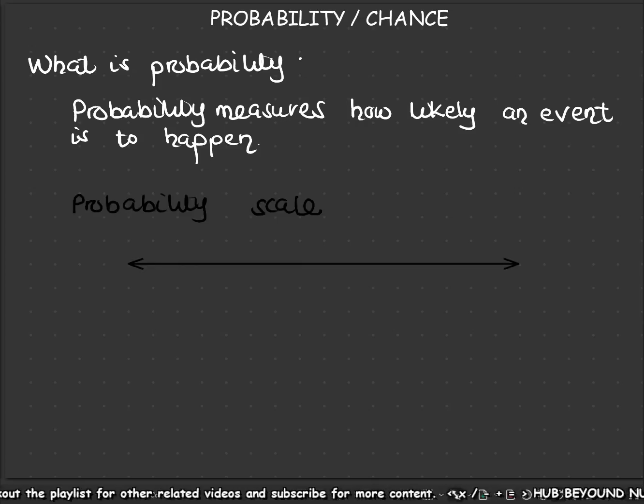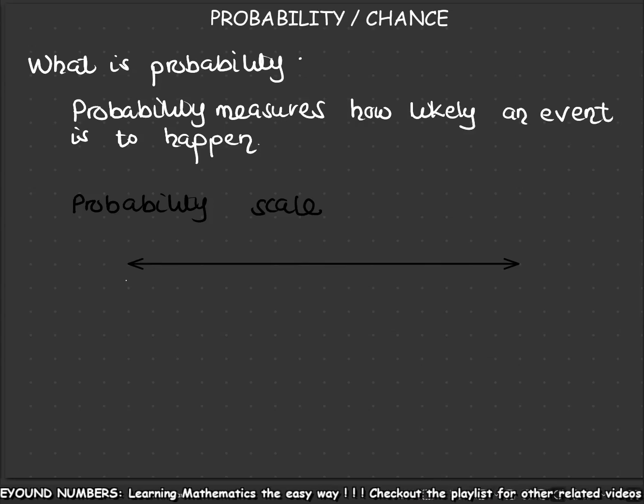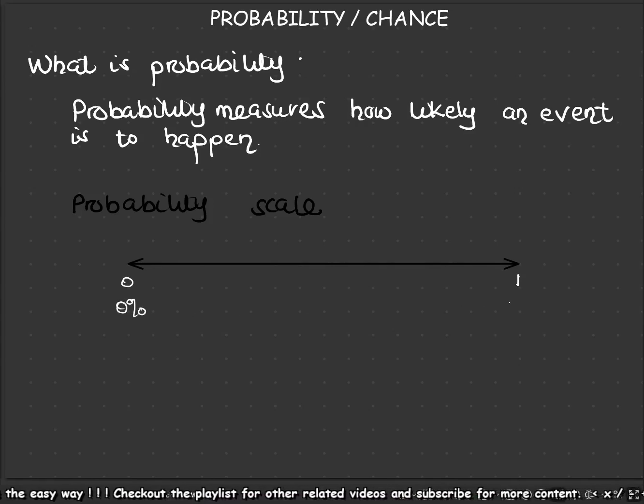Now, let's talk about the probability scale. It ranges from 0 to 1, if you want it in fraction. Or better still, you can say from 0% to 100%.